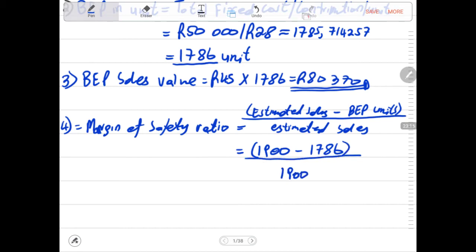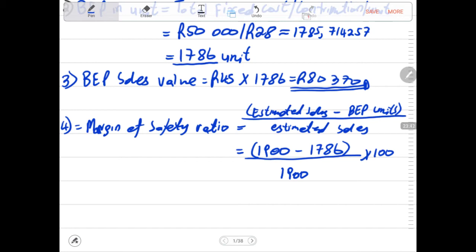Guys, the minute your estimated sales is less than your break-even sales, there is a likelihood of a problem there. Now, because this is a ratio, meaning a percentage, we need to multiply this by 100.